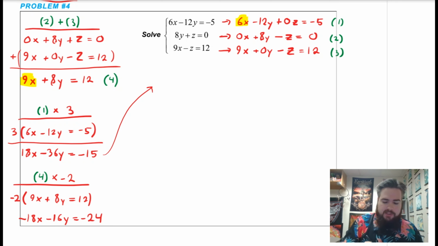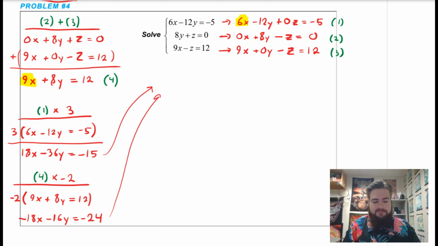Using these two equations, I am now going to add them together. So I'm essentially going to be taking my new equation 1, my new equation 4, and adding those together.